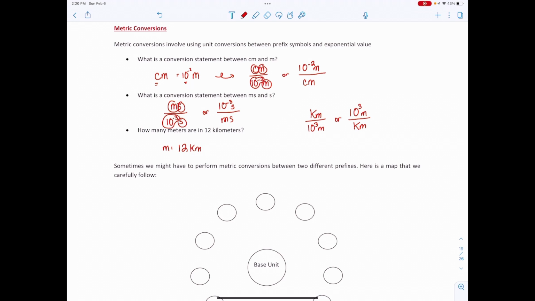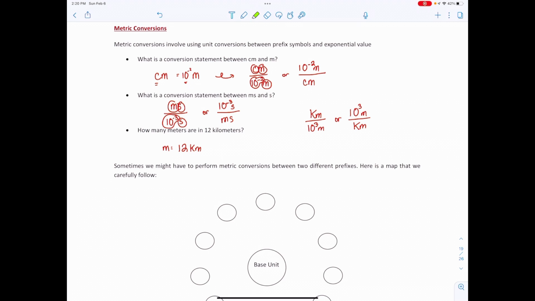Do I pick the one with kilometers on top, or the one with kilometers at the bottom? One of the key things here is that whatever unit you want to convert into, you want that to be at the top. The units that you want to get rid of are going to be at the bottom.